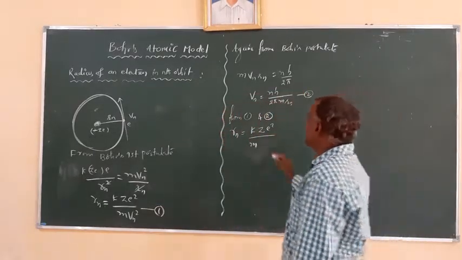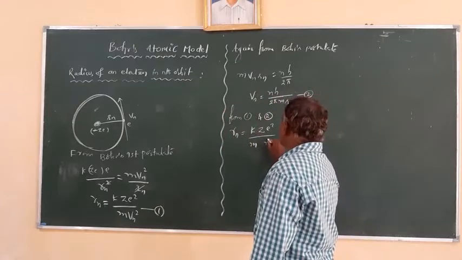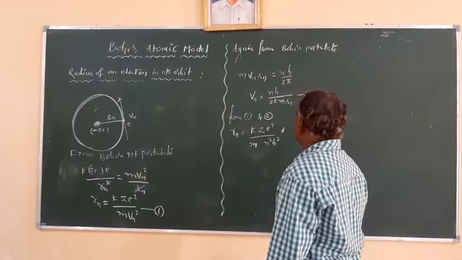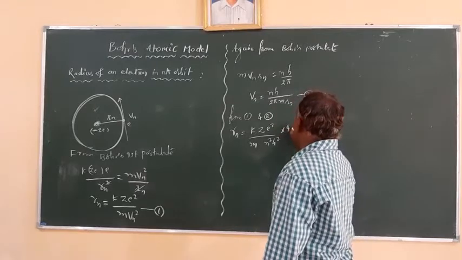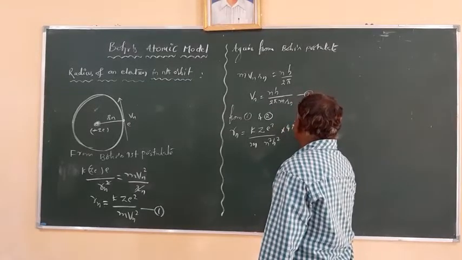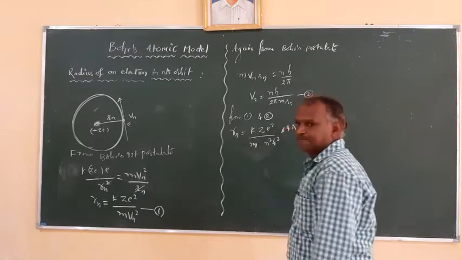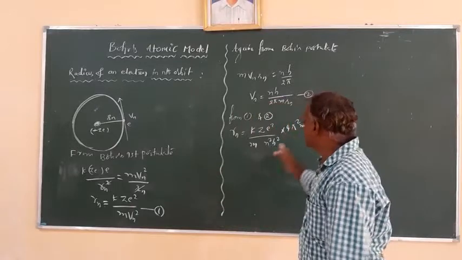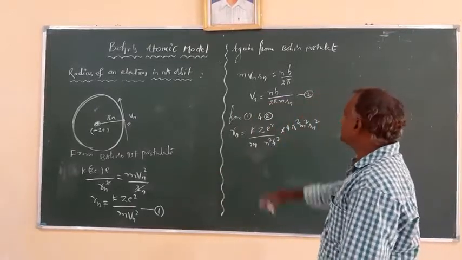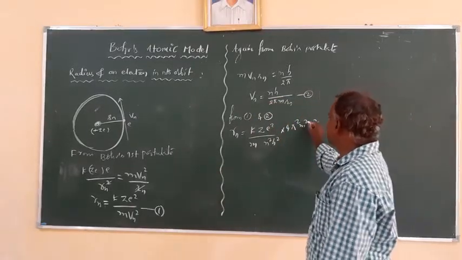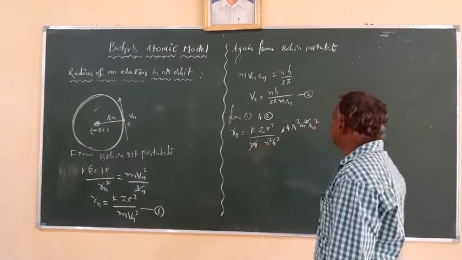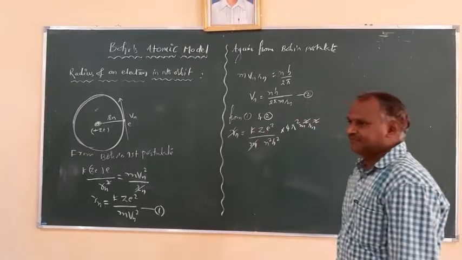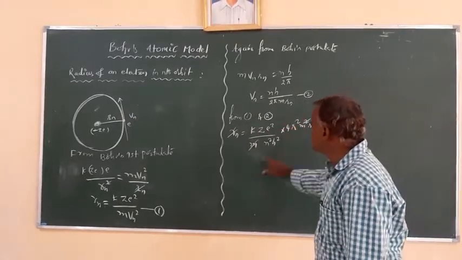That gives n square h square over 4 pi square m square Rn square. This is what we get after substituting the second equation into the first. Now rearrange the terms: one of the m is cancelled, and here Rn is cancelled.